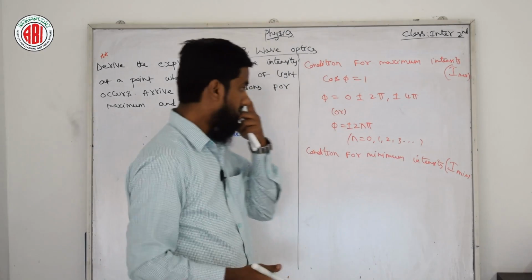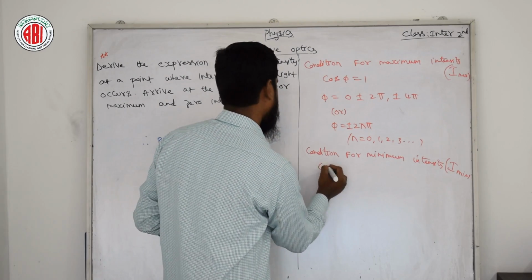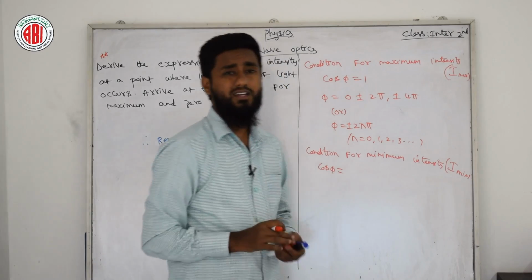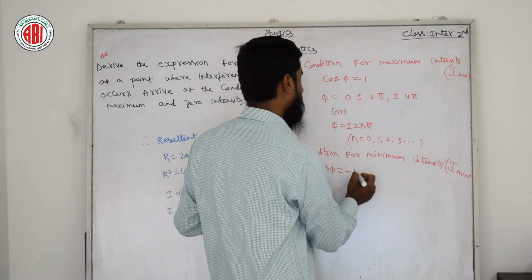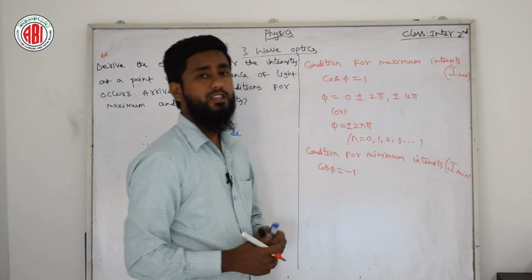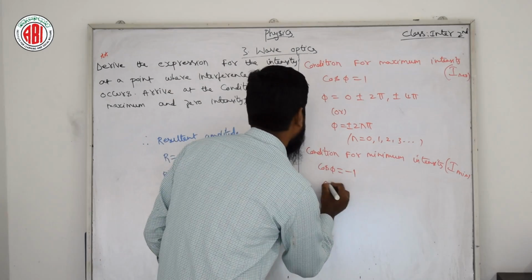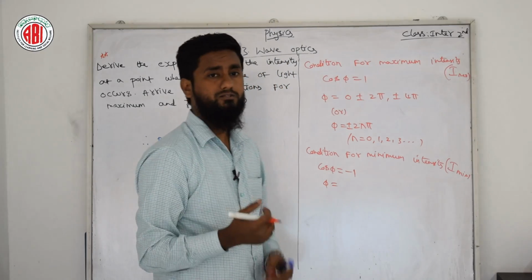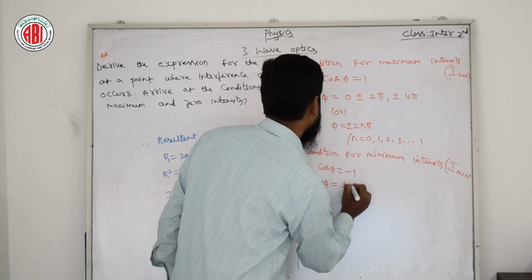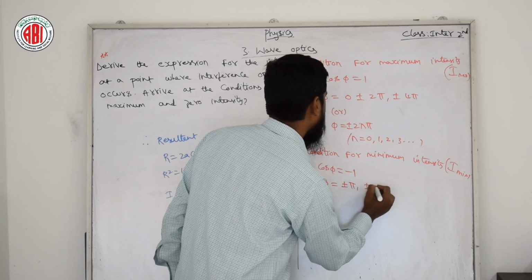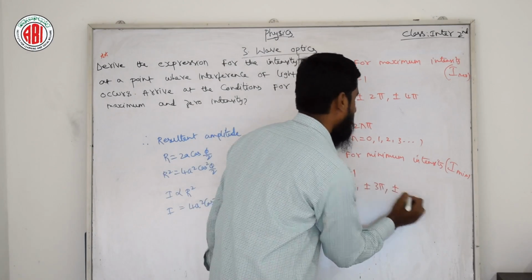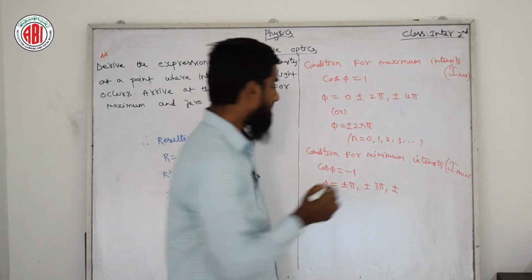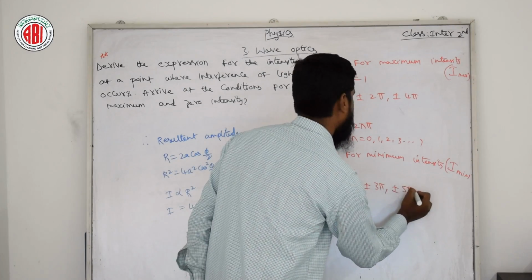So for minimum we may take cos phi is equal to minus 1, or phi is equal to plus or minus pi, plus or minus 3 pi, plus or minus 5 pi, and so on.